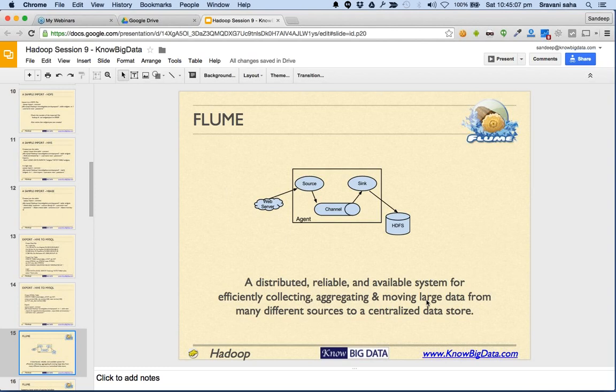Let's take a scenario. Say you are running Flipkart, or any service which needs to run your web server on 10 or 15 different nodes. All these nodes are generating data continuously. Let's say they're generating logs, the history of all the URLs accessed from these 15-20 nodes.